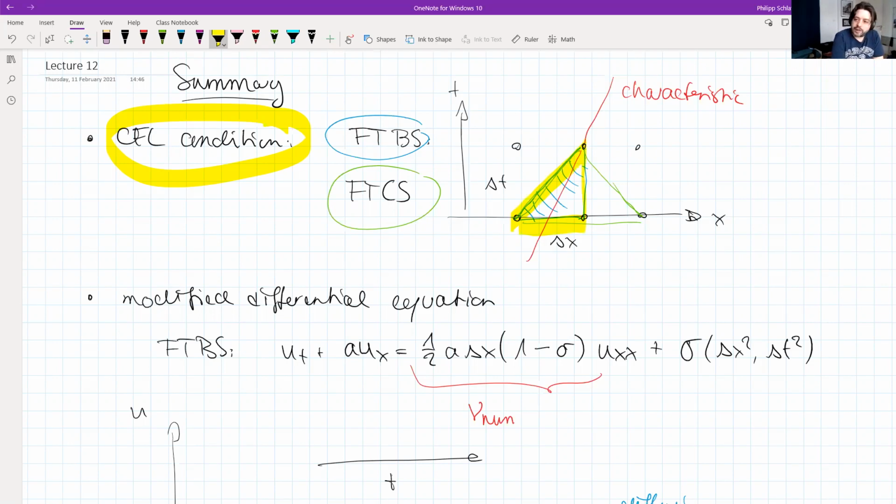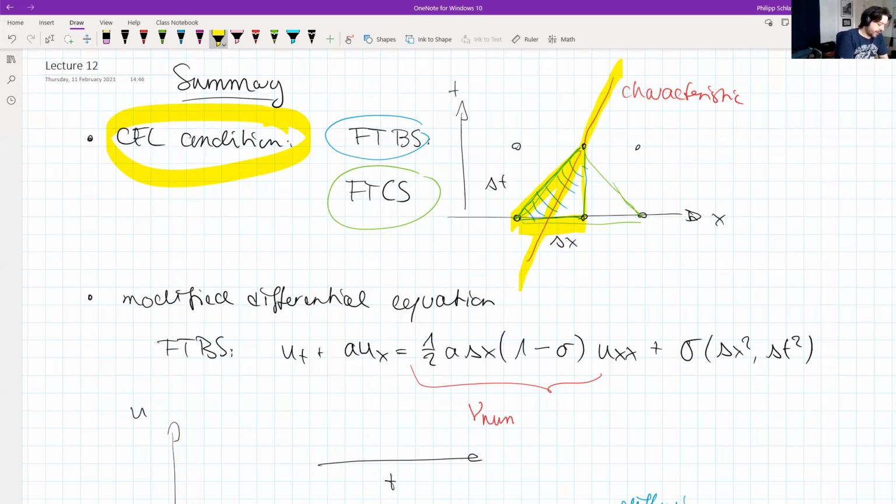And if we now do that for the example of an advection equation, you know that the domain of dependence is just a straight line, the characteristic, the one and only characteristic. And then we ask for this characteristic to live inside the triangle or the shape that is created by the nodes of the finite difference scheme.